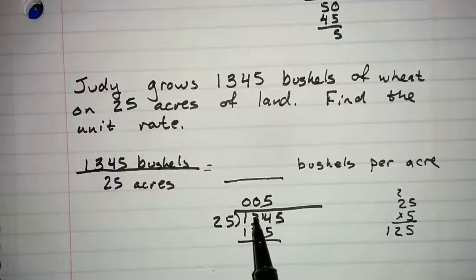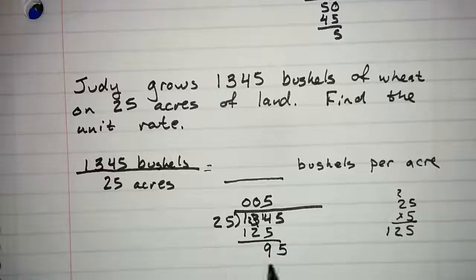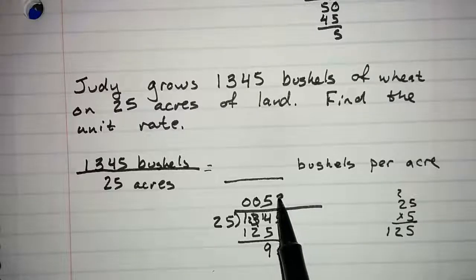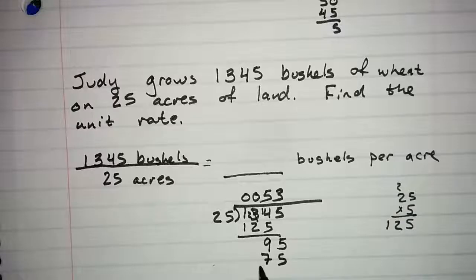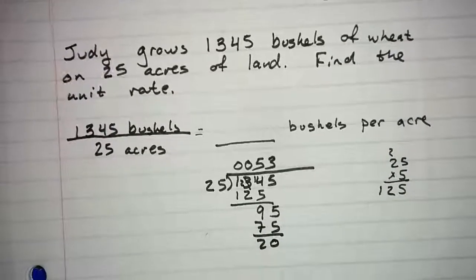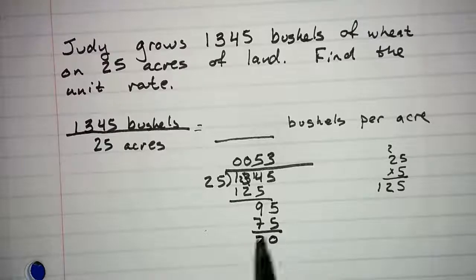We'll subtract. 25 goes into 95 3 times. 3 times 25 is 75. 20 left over. Now I could stop and give my answer as a mixed number, but I think I'm going to go ahead and answer as a decimal, right?